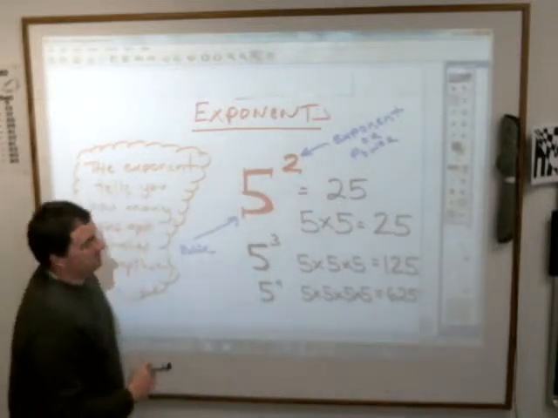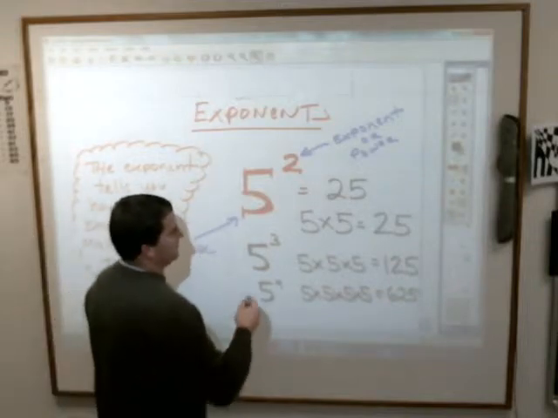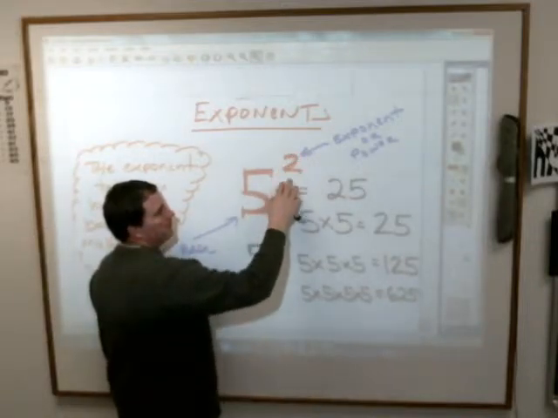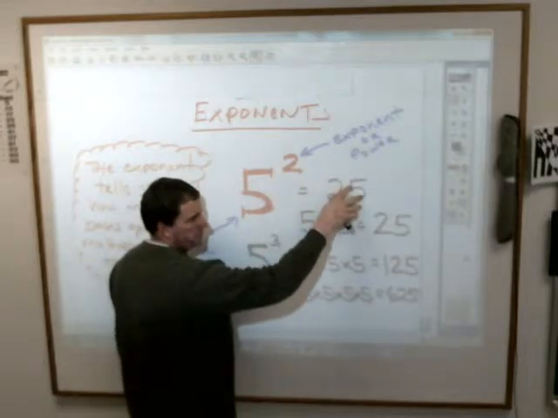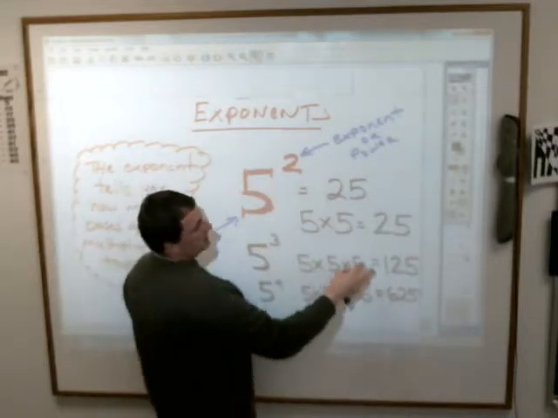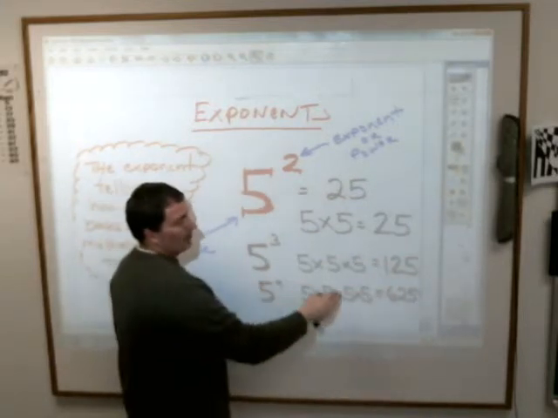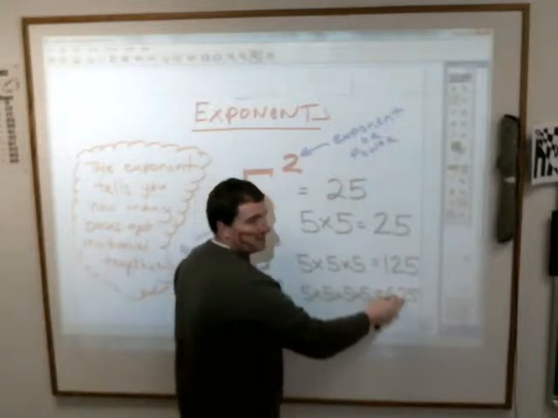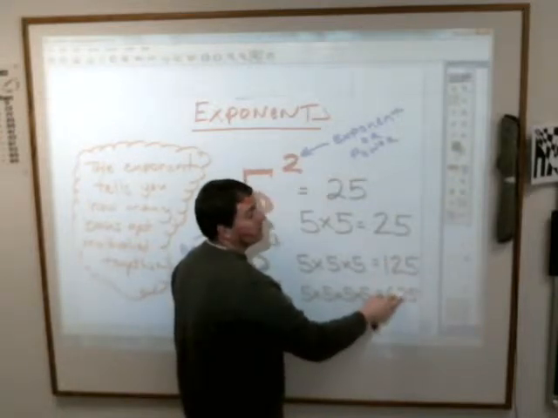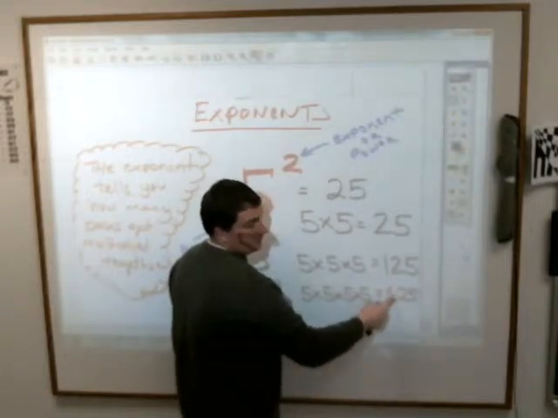At some point in your life, you will hear the phrase that something grows exponentially. What that means is this. Notice, 5 to the second power was a pretty small number. 25 is not a big number. But 5 to the third power is 125, which isn't a lot, but it's getting bigger. 5 to the fourth power, it goes up a lot. From 125 to 625 is a lot bigger jump than it is from 25. This was only 100 apart. This is 500 apart.